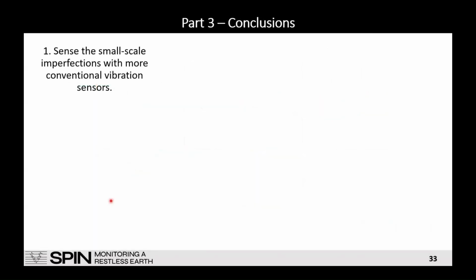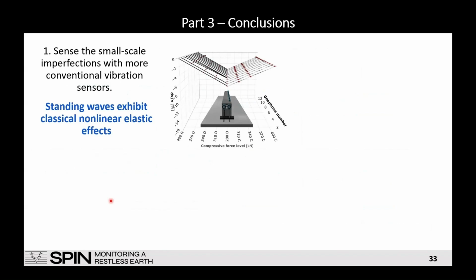So yeah, the main idea of this third chapter was if we can sense the small scale imperfections with more conventional vibration sensors. Yes, we can use standing waves to analyze this nonlinear elastic effect.